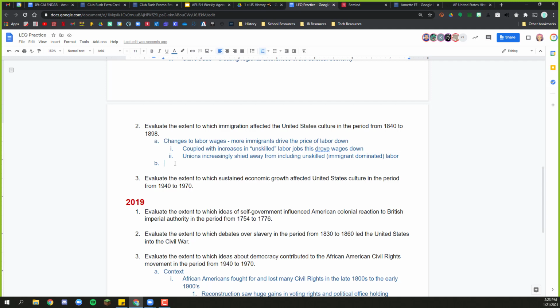So it kind of leads to a situation when we're looking at American culture of kind of this increase in the working class or the poorer class of American society. Like, that's the effect that it has on American culture.